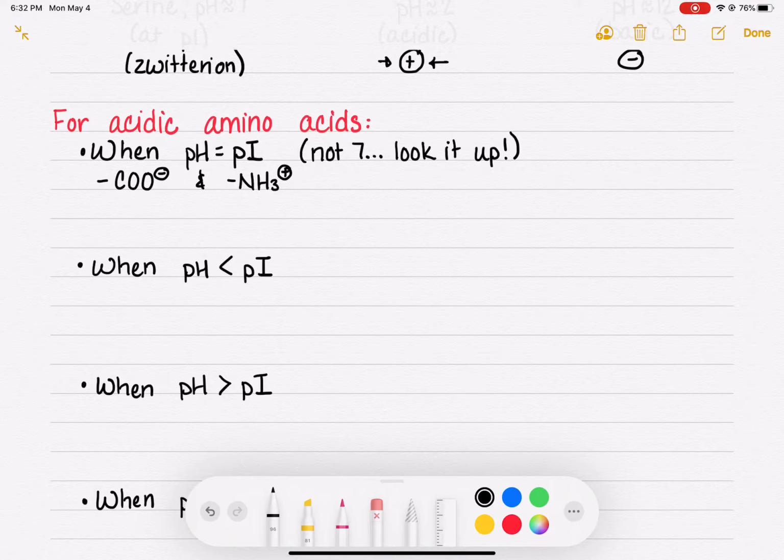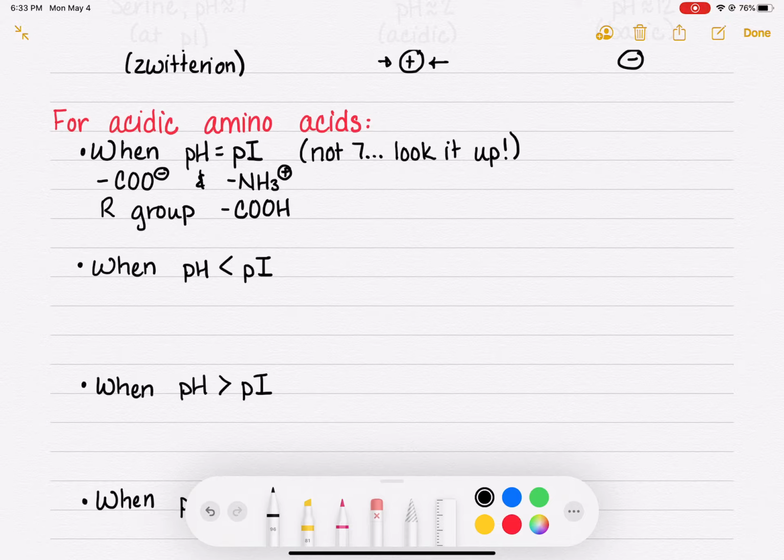Now, remember, what makes acidic amino acids acidic is that they have R groups that have an extra carboxylic acid part to it. So they have the amino acid's acid, and they also have the acid in their R group. So when the pH is roughly equal to the PI, the R group is not going to be charged.